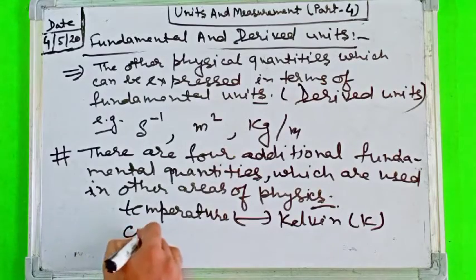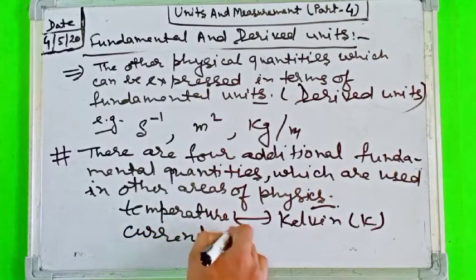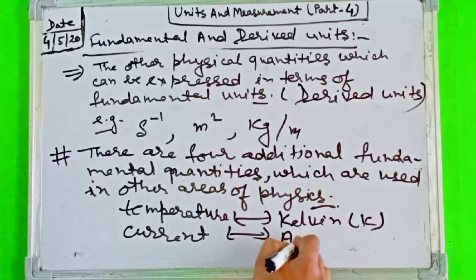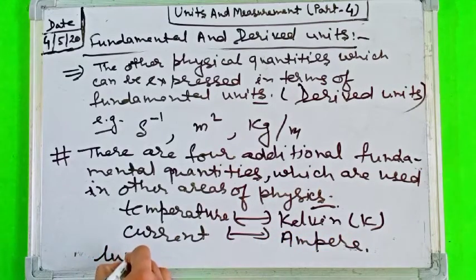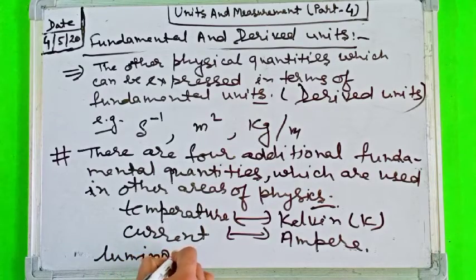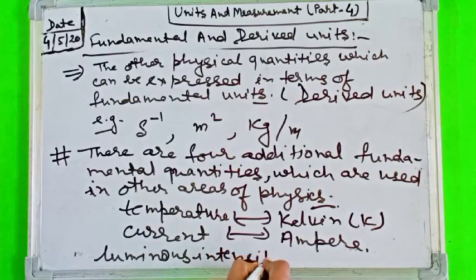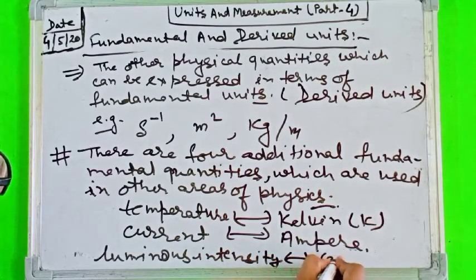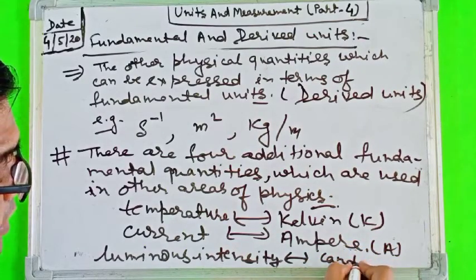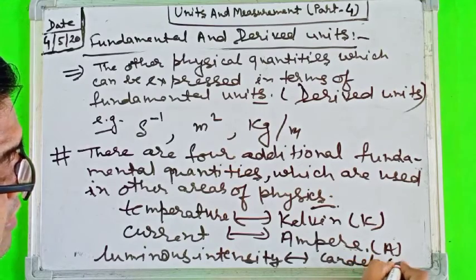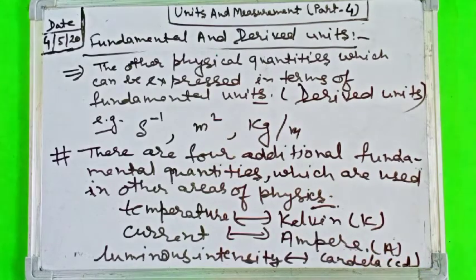Current, ampere. Luminous intensity, that is candela. Ampere is A, candela is cd.